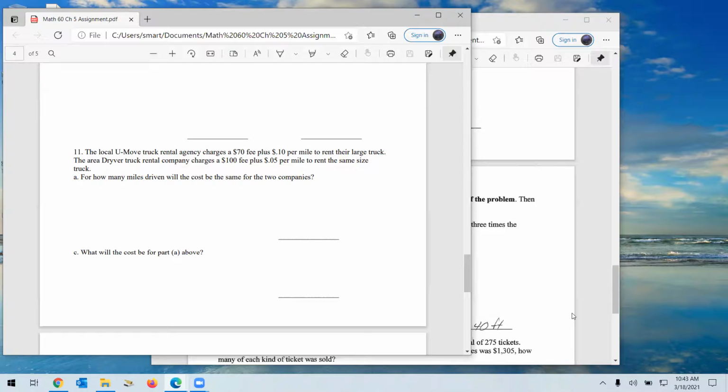And I've tried to, you might say, drill in or emphasize, oh, that's a mx plus b. b is that fixed amount. I rent that truck and never drive it, it still costs me $70. But then 10 cents is your slope, right? $0.10 is your slope. The second equation, similar shape, all right? $100 fees, but cheaper per mile. So again, an mx plus b shape.